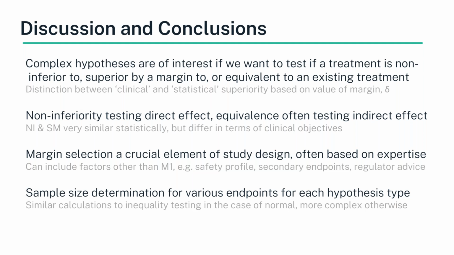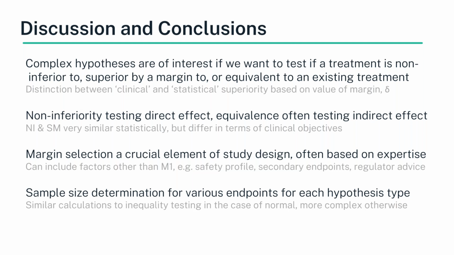In non-inferiority testing, it's set as some fraction of the standard treatment effect, but it can also take account of the safety profile or secondary endpoints, and regulator advice as well. And that's obviously especially relevant in the equivalence setting, where the margins are a bit more prescriptive from the regulators.